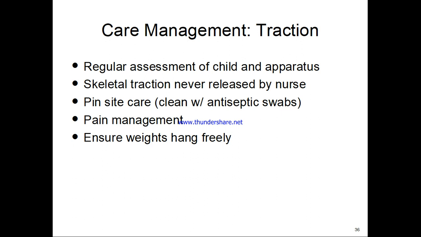Pin site care: some of these traction devices involve pins that are screwed into the bone and protruding out of the skin. Not all traction involves that. Some traction is non-invasive, but if there are pins coming out of the skin, clean around them with antiseptic swabs, keeping those sites clean and infection-free. Also pain management, and ensuring that the weights hang freely.